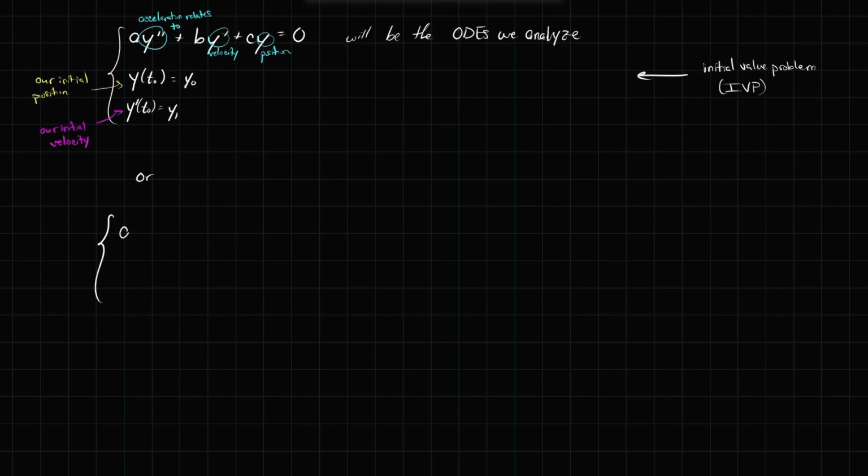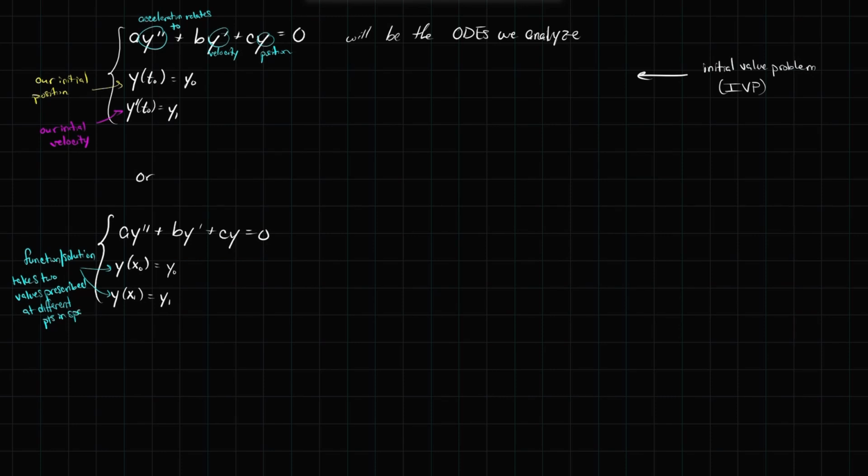Or you could have something where the actual ODE looks the same, still a y double prime plus b y prime plus c y equals 0, but instead of having an initial position and an initial velocity, we call these boundary value problems, where my solution takes on two values prescribed at different points in space.